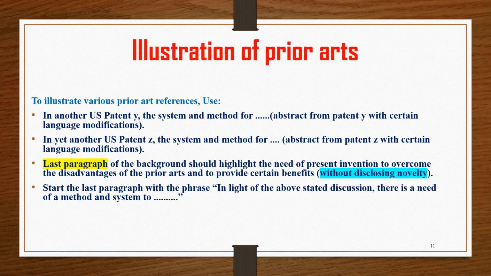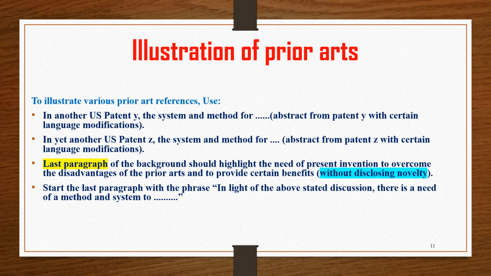The next one is that the last paragraph of the background should highlight the need of the present invention to overcome the disadvantages of the prior arts and to provide certain benefits without disclosing novelty.